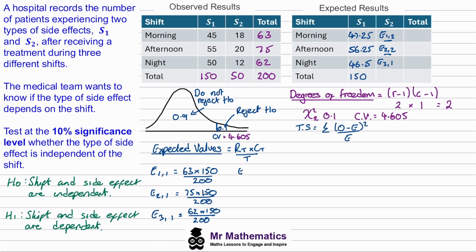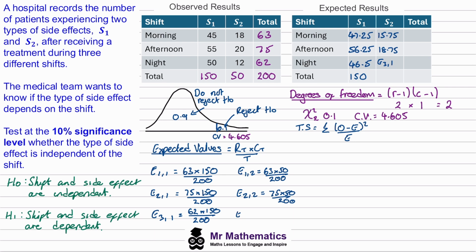So now for the expected value of a first row in our second column, this will be the 63 times the 50 divided by 200. And this will give us 15.75. And then the expected number of observations for our second row, second column, we'll have 75 times the 50 divided by 200. And this will give us 18.75.